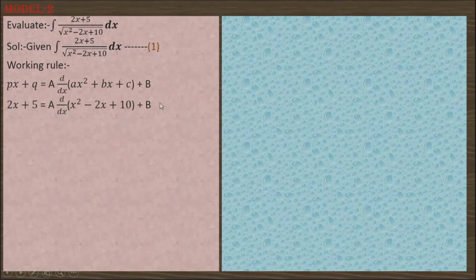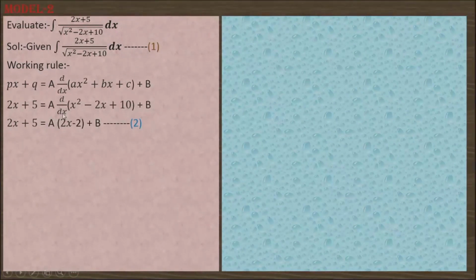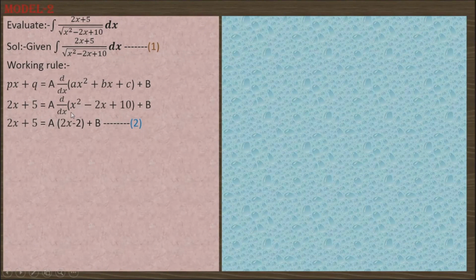Now differentiate this one. You have to differentiate this term only. So x square differentiation is 2x, minus 2x differentiation is 2, and 10 is a constant. Constant differentiation is 0, plus here b as it is. Right, only this bracket we have to differentiate. Right, so now take this equation as 2.